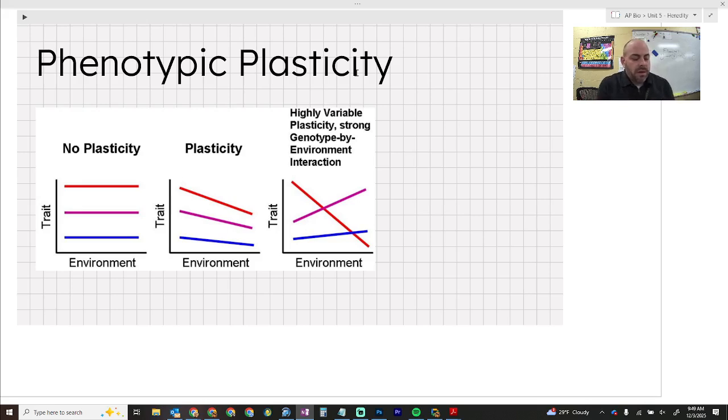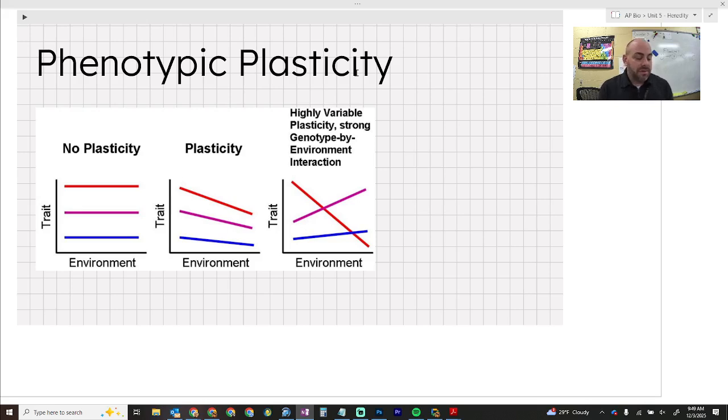This is where the same genotype can exhibit multiple phenotypes depending on environmental conditions, which is a fancy way of saying that the environment can affect the phenotype of an organism, right? You see that here. Traits over there, red, purple, blue. Environment's one thing. The environment and plasticity represents these phenotypes being changed. Highly variable plasticity, strong genotype by environment interaction is just some wonkiness.